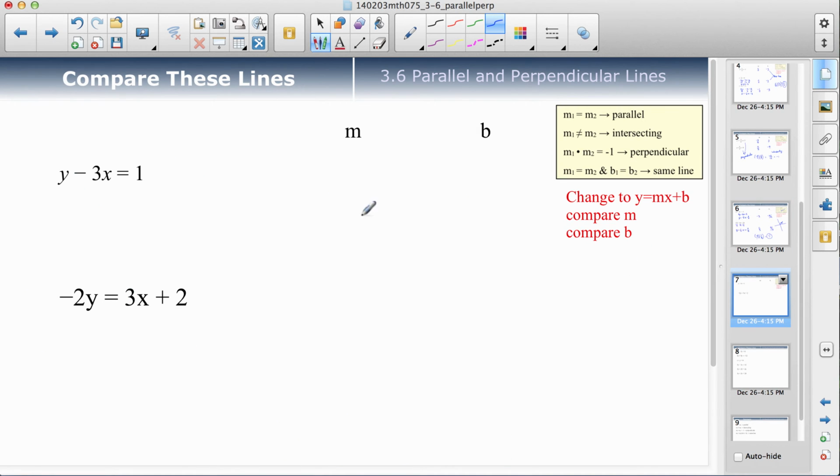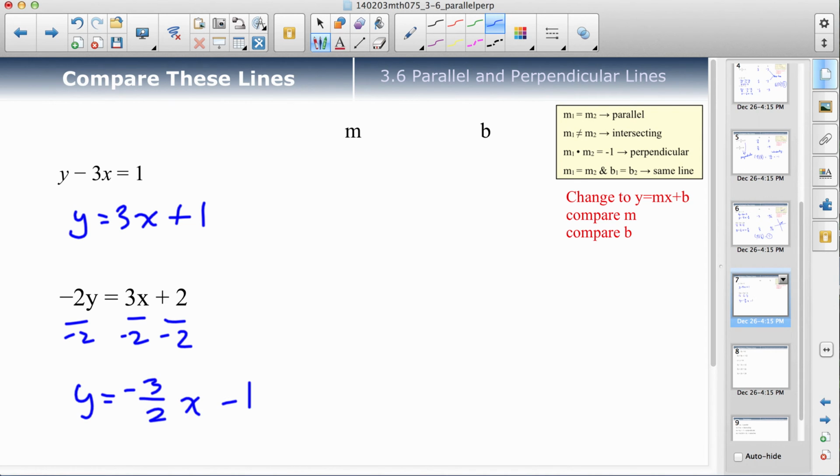Try another one. I just have to move the 3x over, so it'll be a positive 3x plus 1. This one I have to divide everything by negative 2. So this would be y is equal to negative 3/2 x minus 1. Okay, so slope on this one's 3, y-intercept's 1.